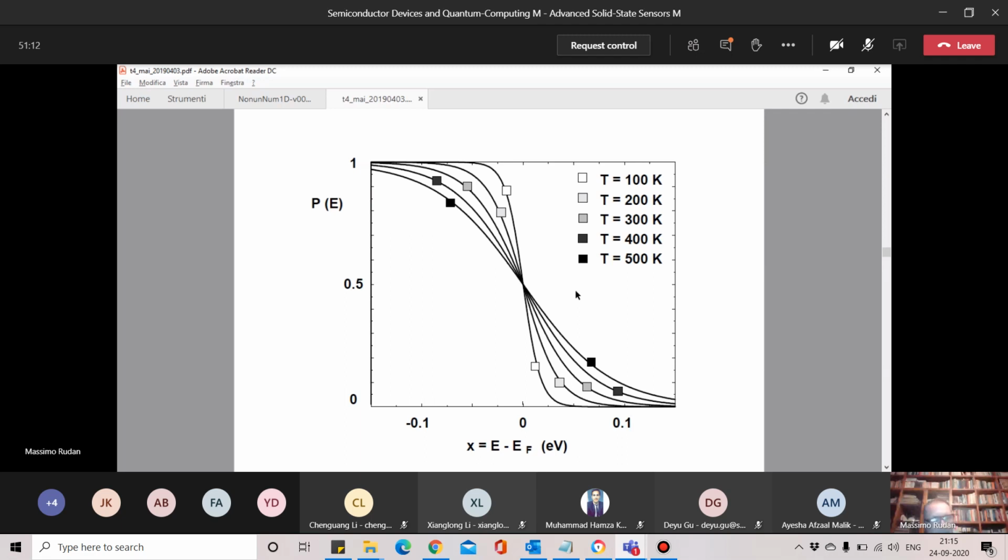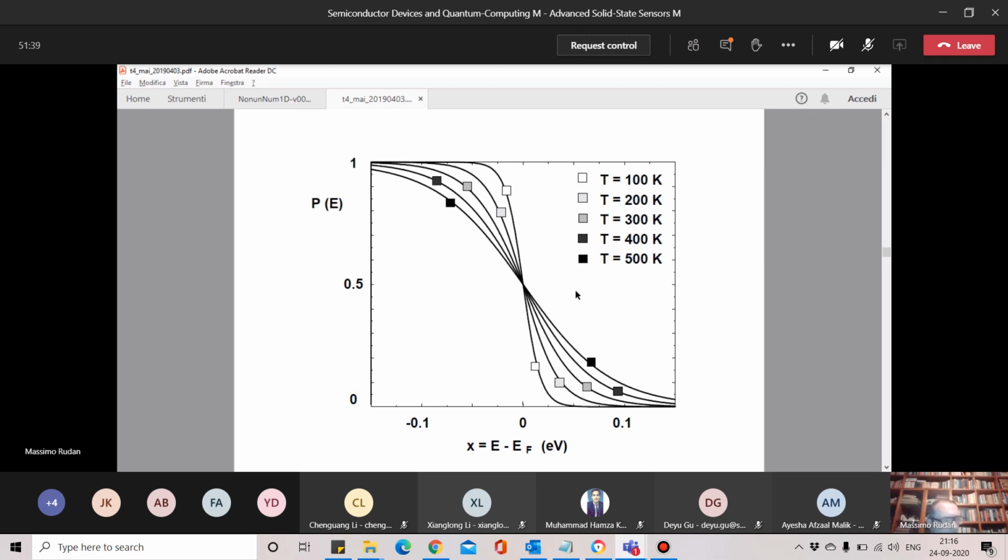This is somehow reasonable, because if you have a system of particles and you increase the temperature with respect to the original temperature, in order to do so, you are giving energy to the system from the outside, from the environment.